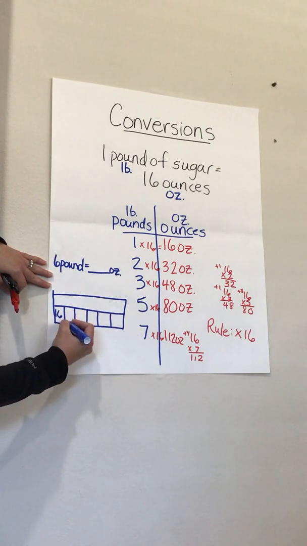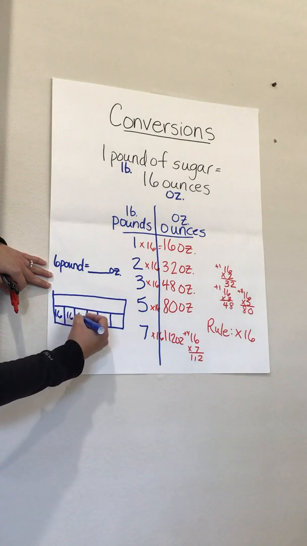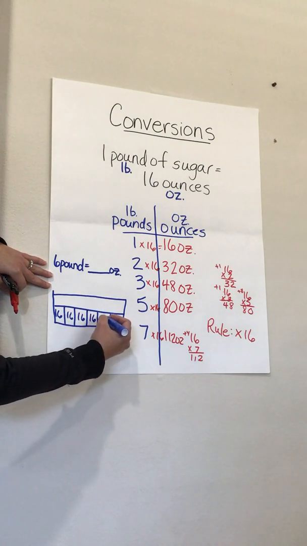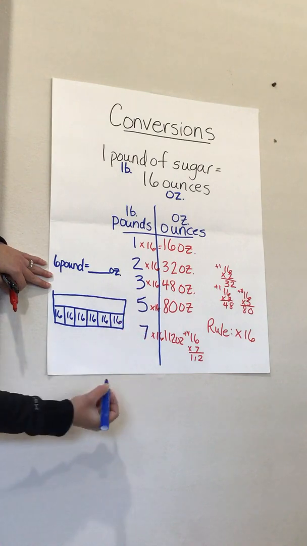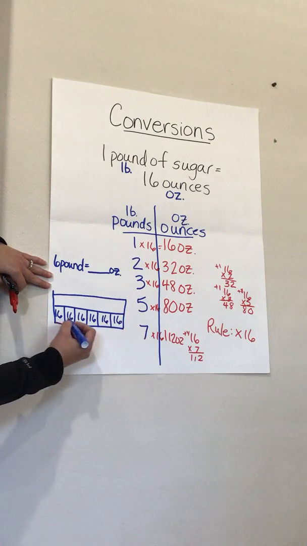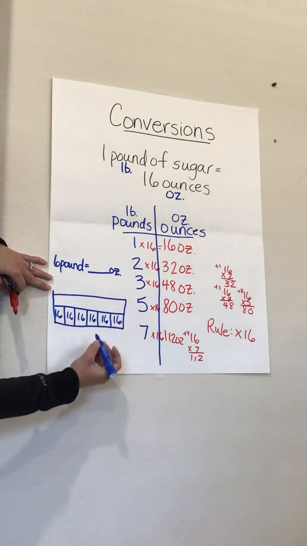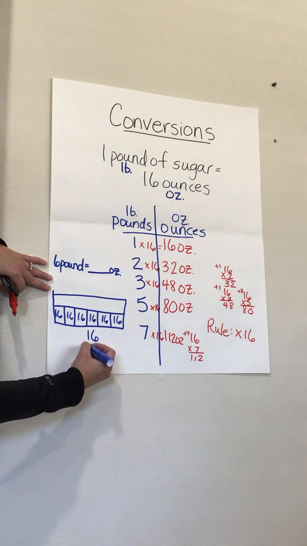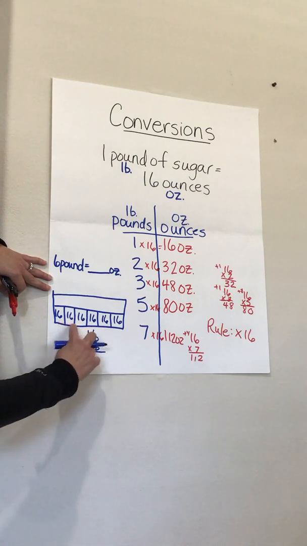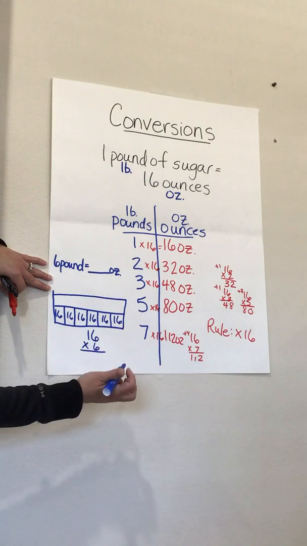So we would have 16 ounces, 16, 16, 16, 16, 16. So 16, 1, 2, 3, 4, 5, 6 times. 16 times 6, because each pound is 16 ounces.